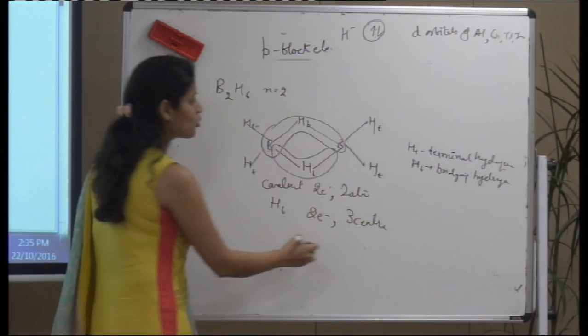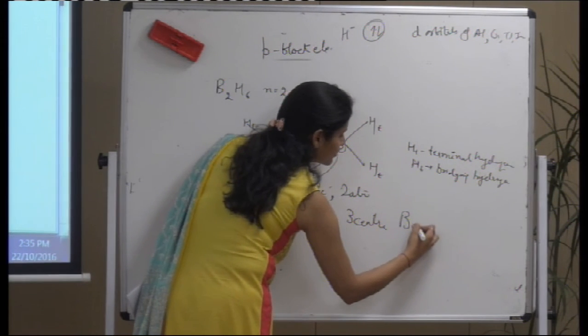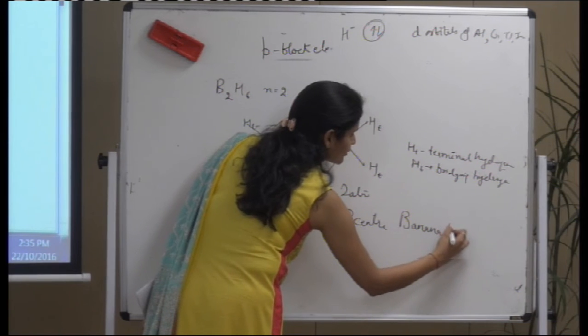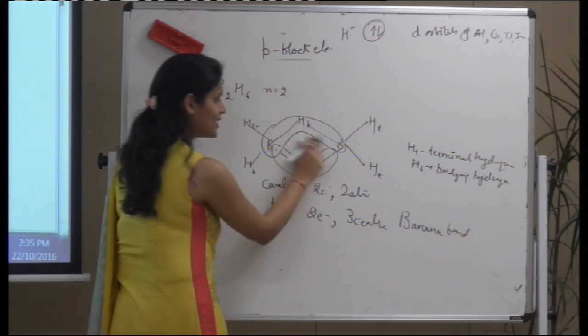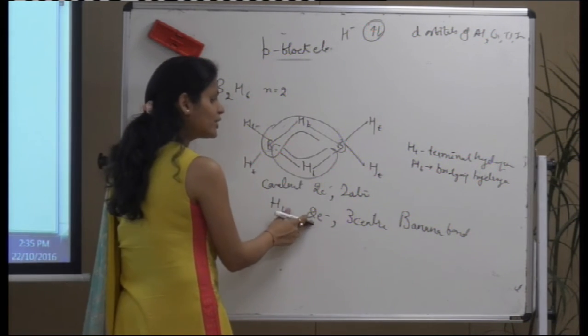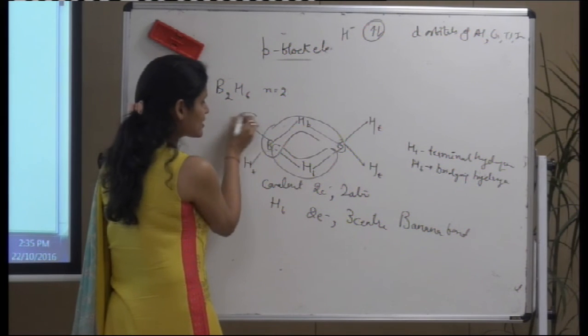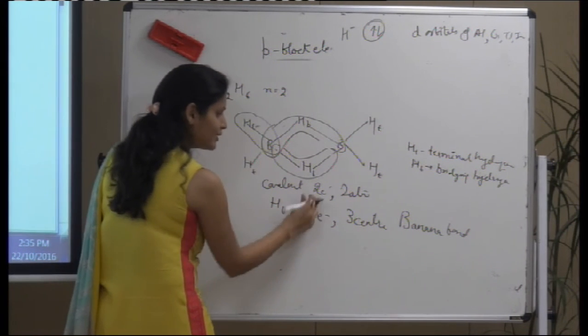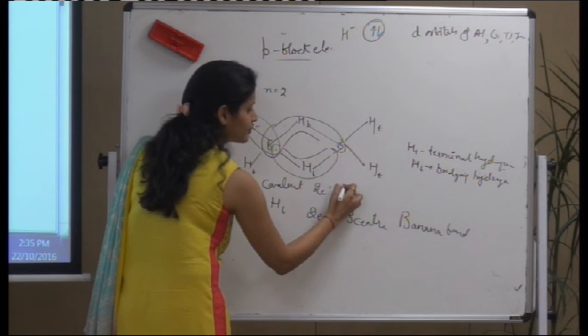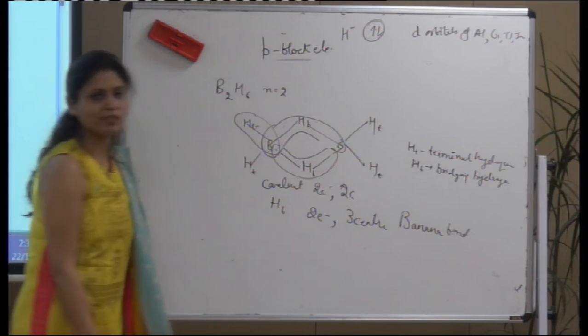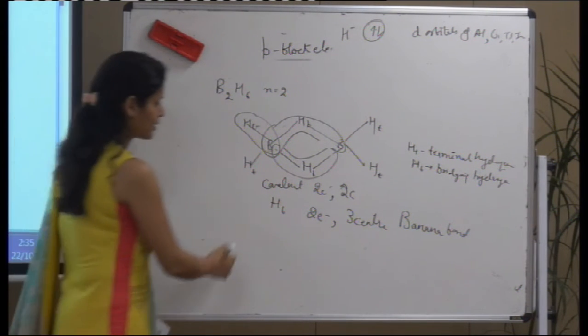This is also called a banana bond, a 3 center 2 electron bond, while the terminal bond is a 2 center, 2 electron, pure covalent bond. Okay.